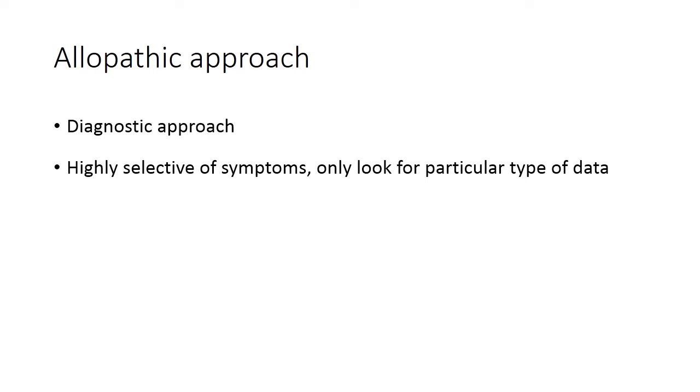So they are highly selective of symptoms, and they only look at particular type of data. For instance, they would be interested in the blood pressure, in the temperature, in the heart rate, maybe some parameters in the blood or the urine or the stool, and stuff like that. Anything that is outside the realm of that particular filter is of no consequence to them, for the simple reason it does not help them to diagnose or put a name or a label on the disease or the complaint that the patient has brought.